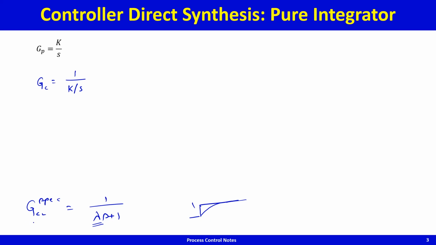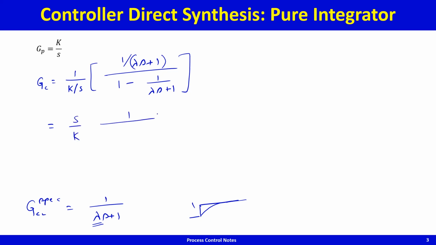So if G closed loop specified is 1 by lambda s plus 1, then GC will be 1 by lambda s plus 1 divided by 1 minus 1 by lambda s plus 1, and this turns out to be s by k into 1 by lambda s plus 1, minus 1 cancels out, and then the s and s also cancel out, and so you're left with GC equal to 1 by k lambda.